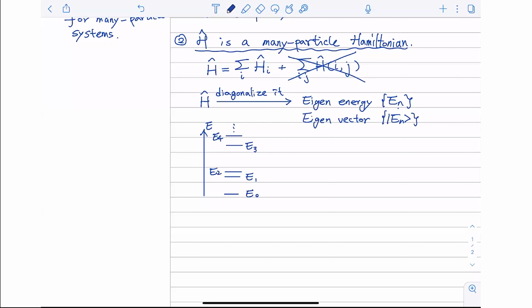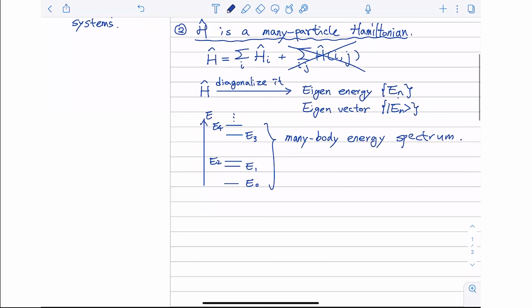So you will have a bunch of energies, and these energies are called the many body energy. The set of these E's is the many body energy spectrum.